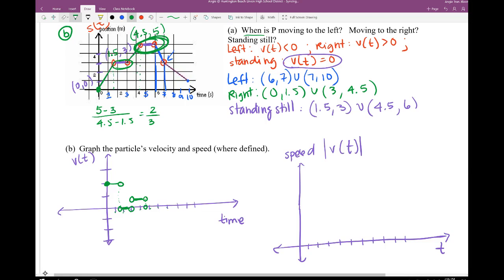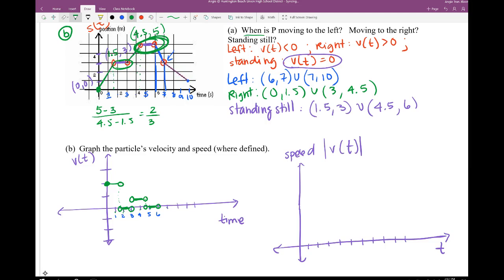That's 4.5. Let me number these. I'm confusing myself. 1, 2, 3, 4, 5. Okay, so 4.5 is okay. From 4.5 to 6, 1, 2, 3, 4, 5, 6. Yep, 6. The slope is 0. I don't have it numbered, so I'm totally confused by it.